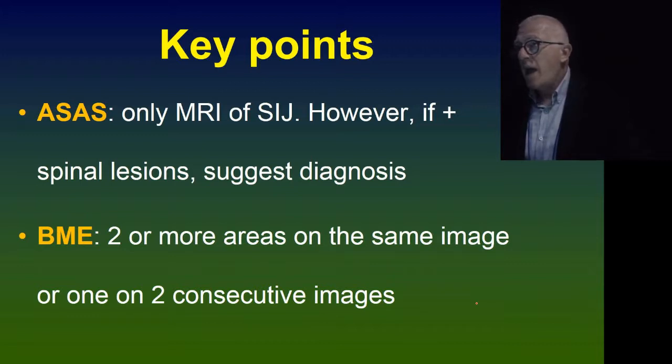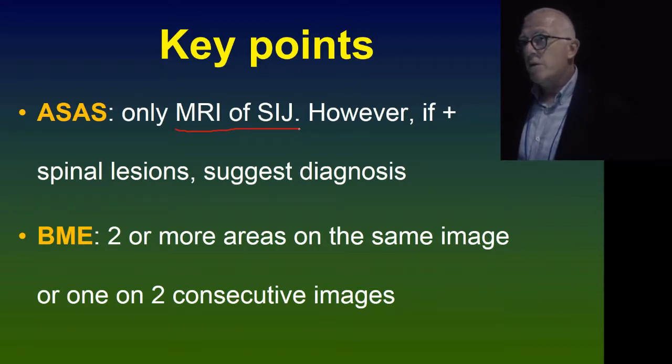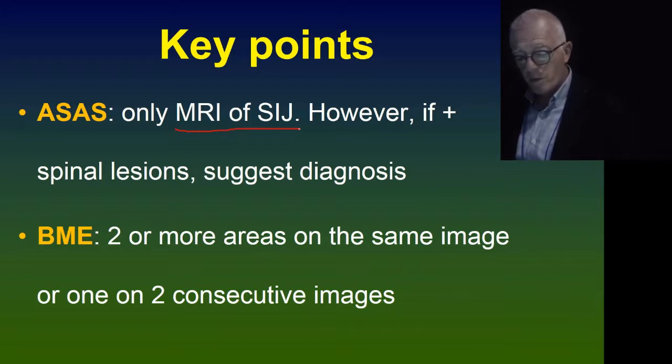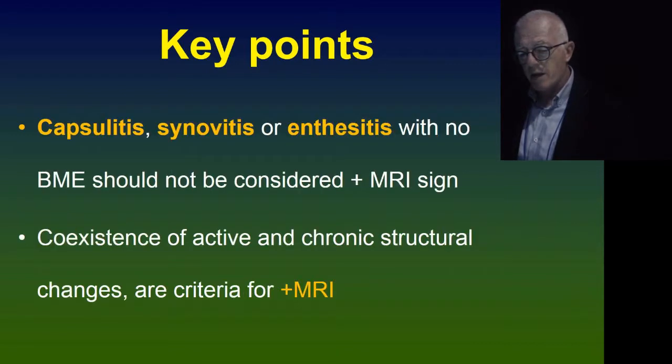Don't forget, the ASAS criteria include only BME, bone marrow edema, on the MRI of the sacroiliac joints. However, if we do see spinal lesions like Romanus or Anderson's, we can write in the report that these are highly suggestive of axial spondyloarthropathy. We need to have 2 areas of bone marrow edema in order to fulfill the ASAS criteria for the diagnosis of axial spondyloarthropathy.